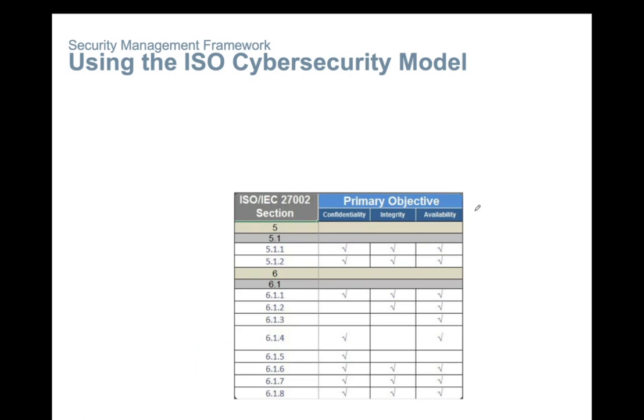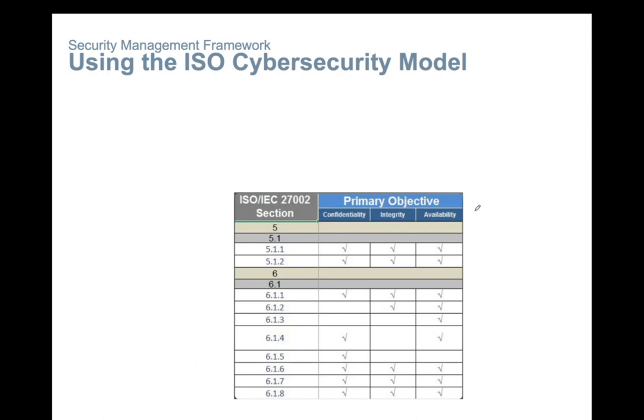Different groups within an organization may be responsible for data in each of the various states. For example, the network security group is responsible for data during transmission.